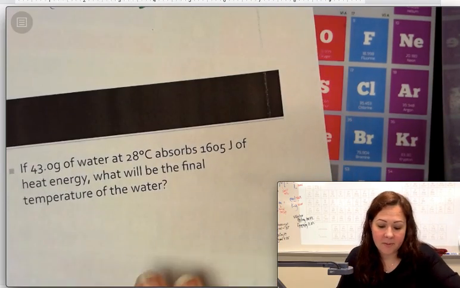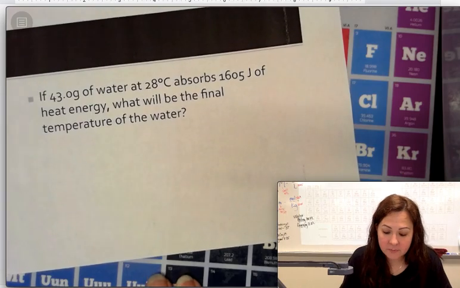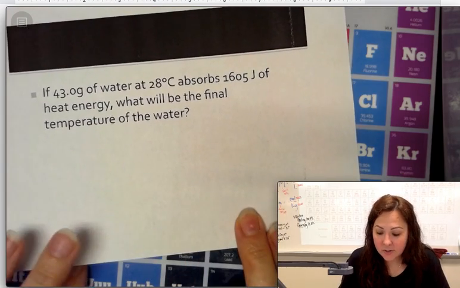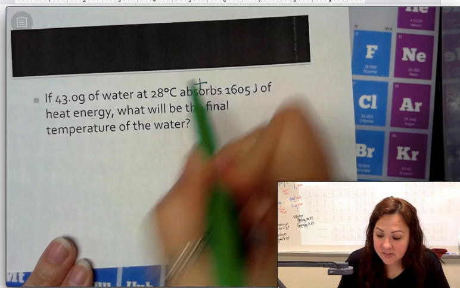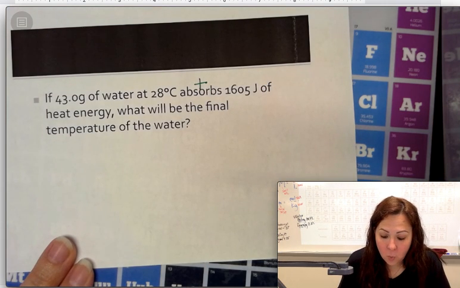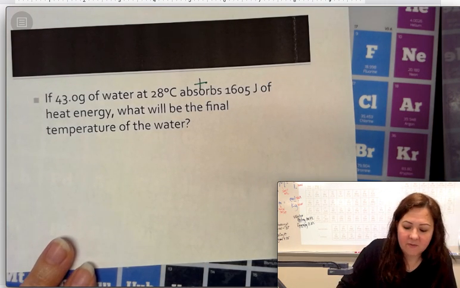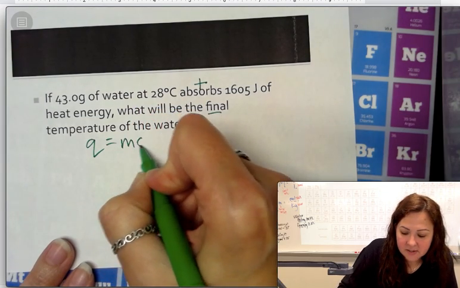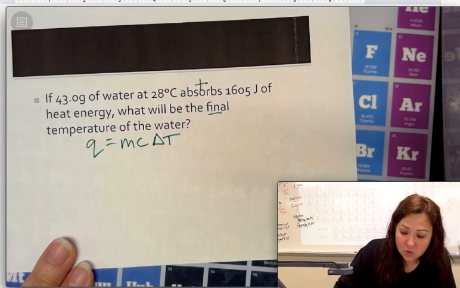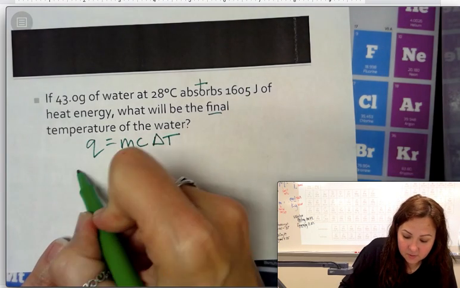The next problem, it says if 43 grams of water at 28 degrees Celsius absorbs, so positive, 1,605 joules of heat energy, what is the final temperature of the water? So I want final temperature. Q is equal to MC delta T. It gives me Q, 1605.